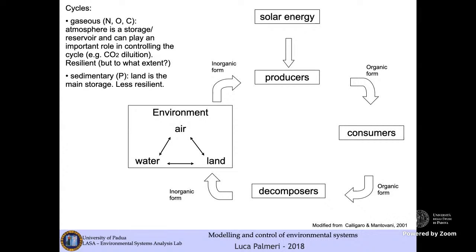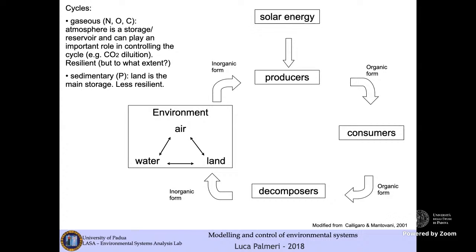So carbon dioxide is a gaseous form of carbon, but it cycles through the various geospheres. So these gaseous storages in the atmosphere play an important role in controlling the cycles.